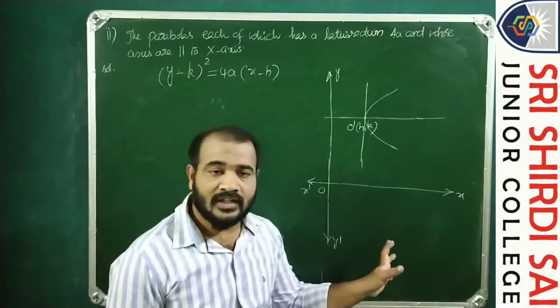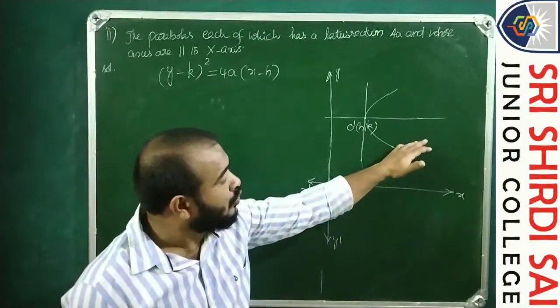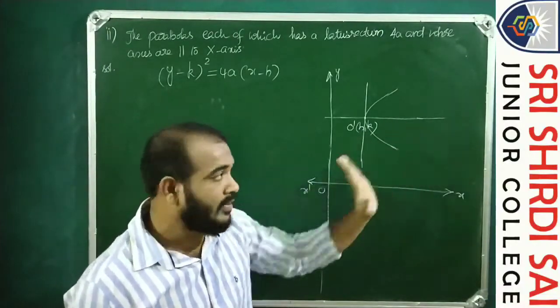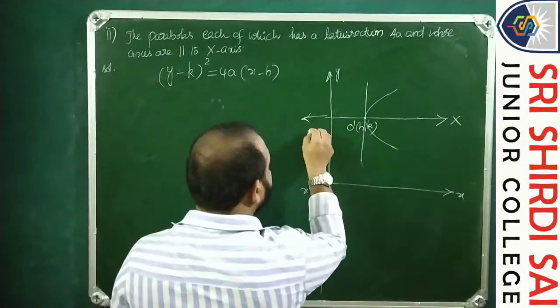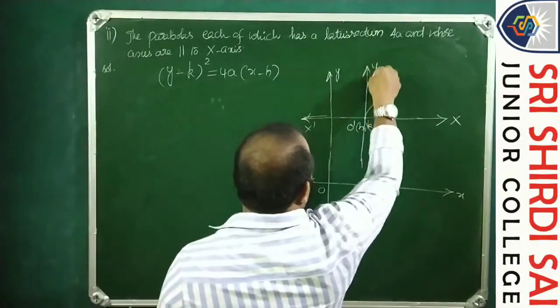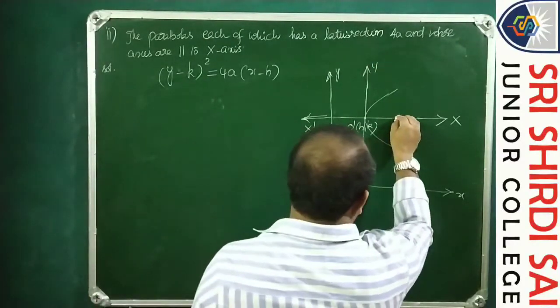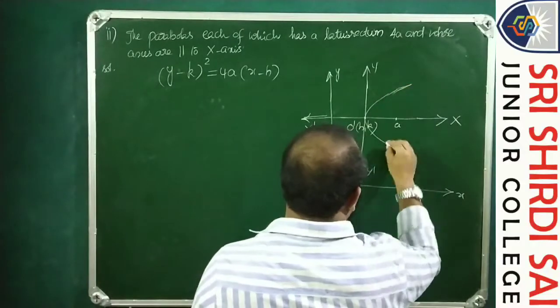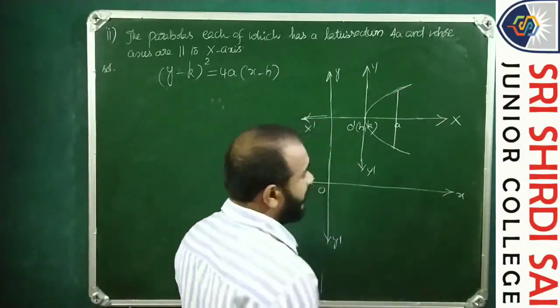So without changing the actual direction of the coordinate axis, a new axis has formed now. This is capital X, x dash, and this is capital Y, y dash, and this is the focus, and this is the latus rectum.